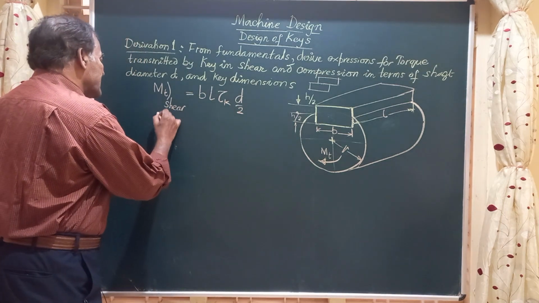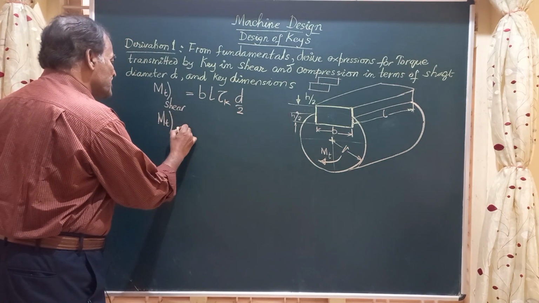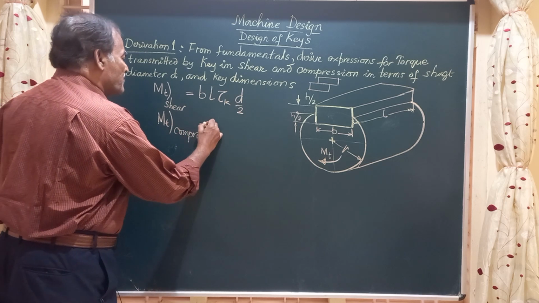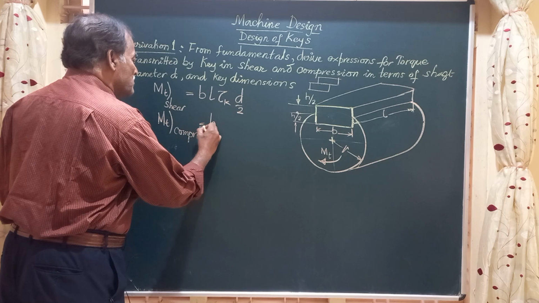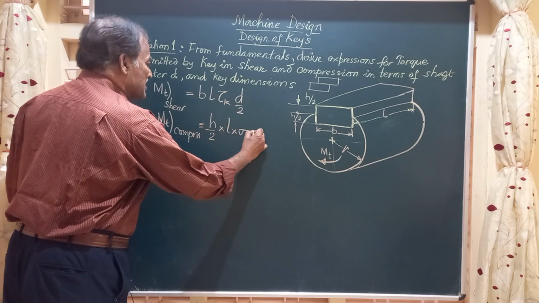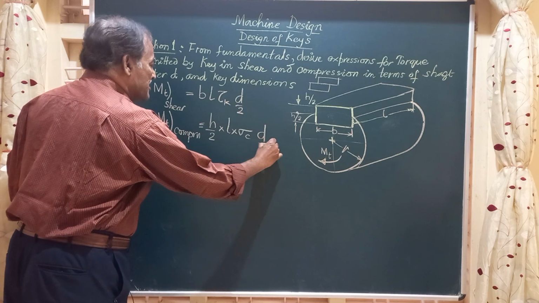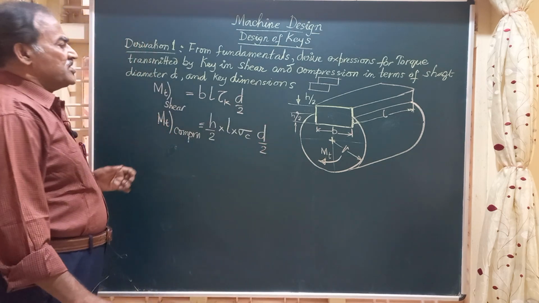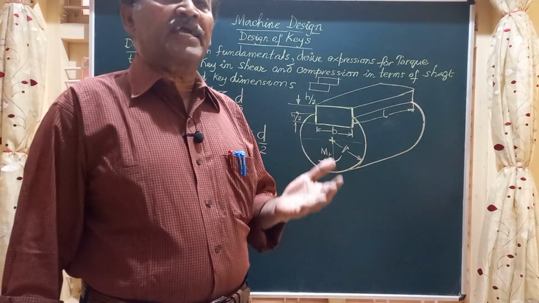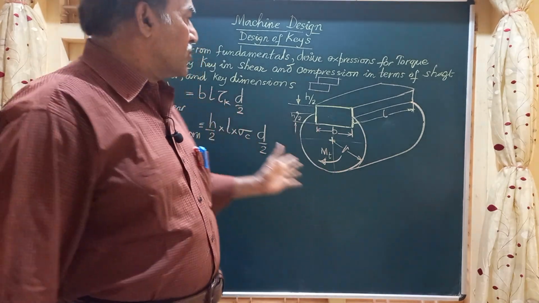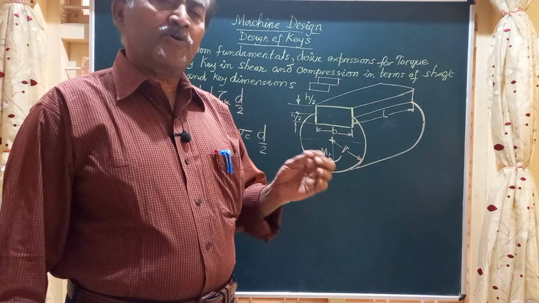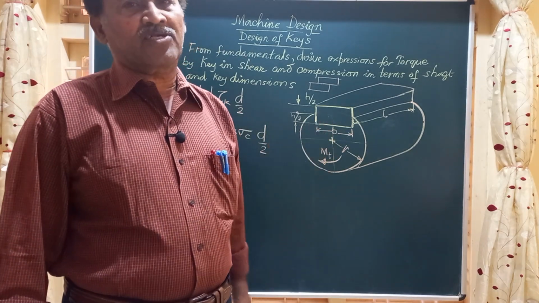On the same lines, Mt of the key in crushing or compression is given by h by 2 into L into sigma C multiplied by d by 2. Friends, these two equations are very important, and whenever you are designing a key, you need to know both expressions so that you will be able to work out any problem on this.